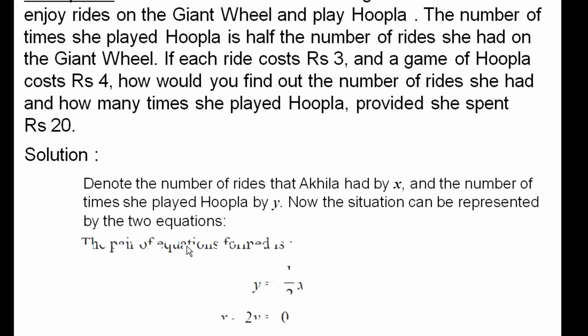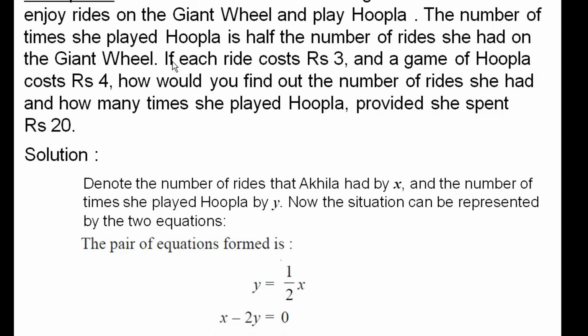The first condition gives y equals 1 upon 2 x, and based on this you get the equation x minus 2y equals 0. It is equation number 1.